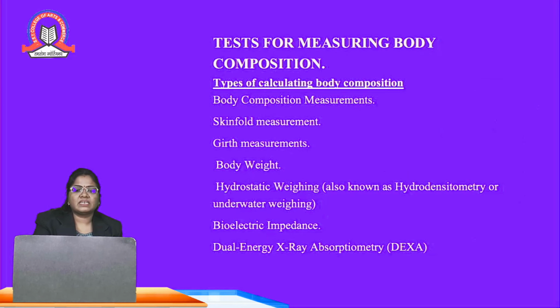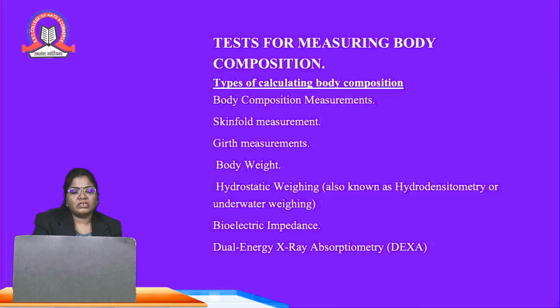Next one is tests for measuring body composition. There are many tests to find the body composition. In that we are seeing some of the list here. Body composition measurements: skin fold measurement, girth measurement, body weight.